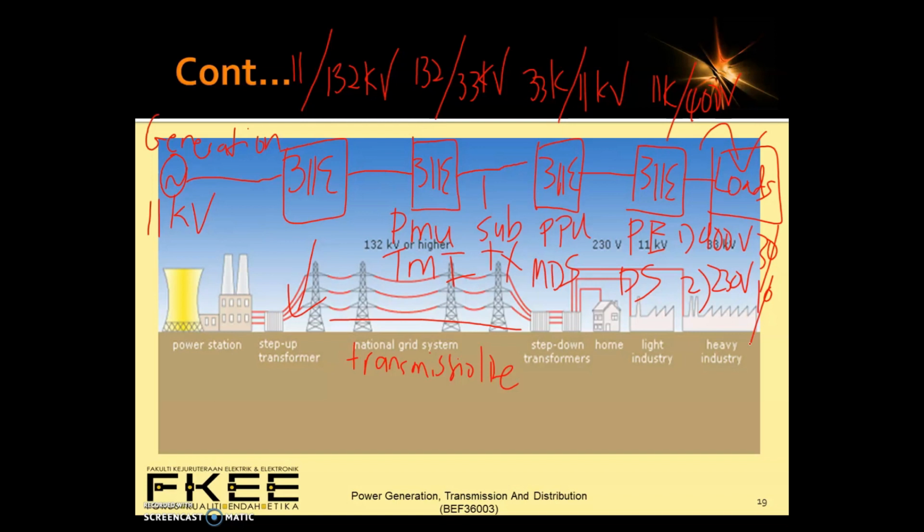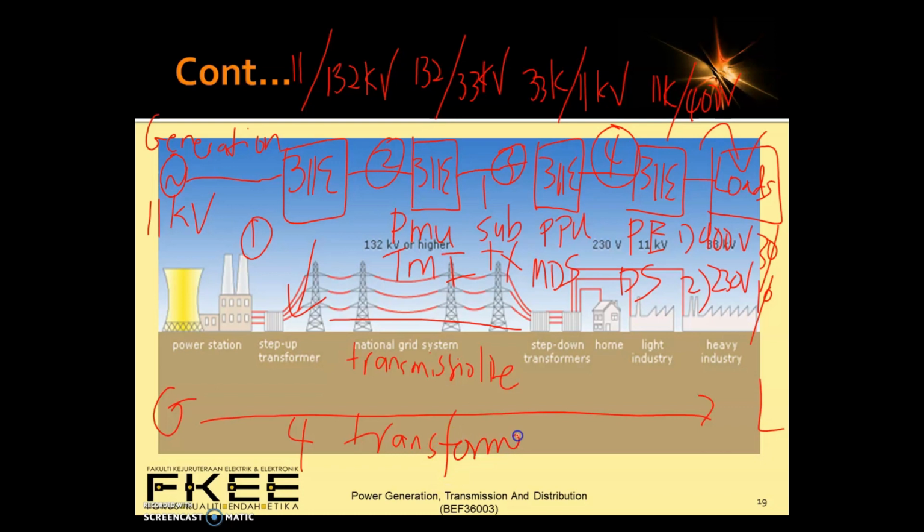So you can see here we have 4 transformations. This one 1, 2, 3, and 4. So we have 4 transformations between the generation until the load.